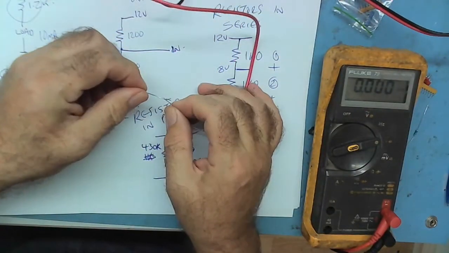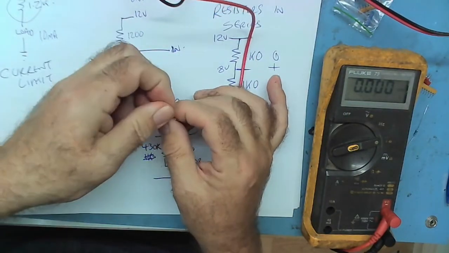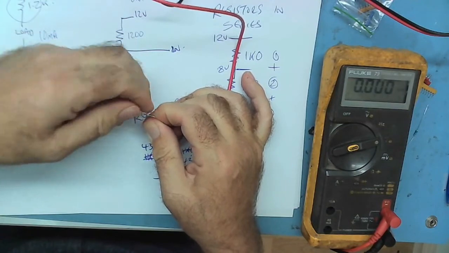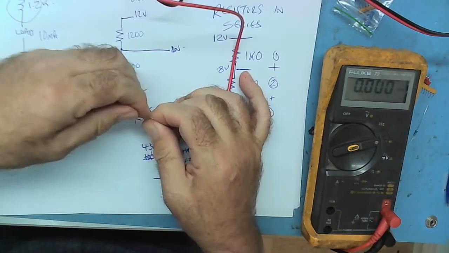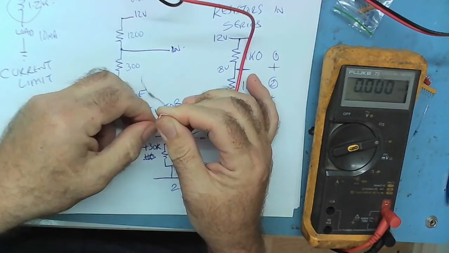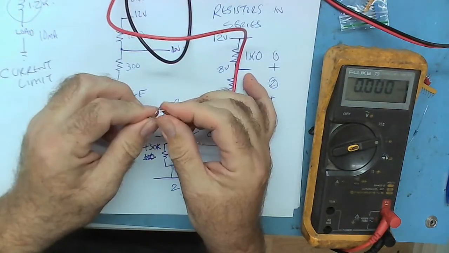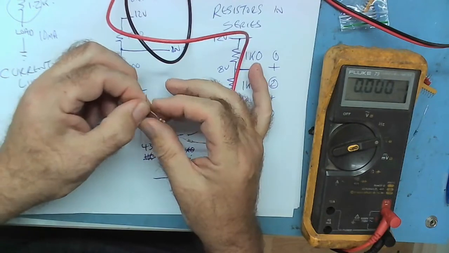Let's get rid of one of these resistors now, yeah? Just take that one off there. Let's get one of our 430 ohm resistors and stick it on here.